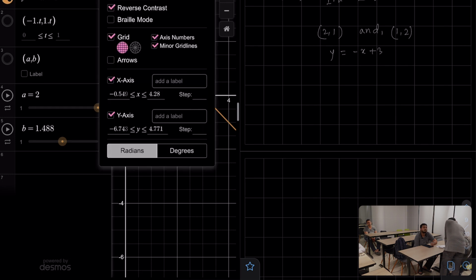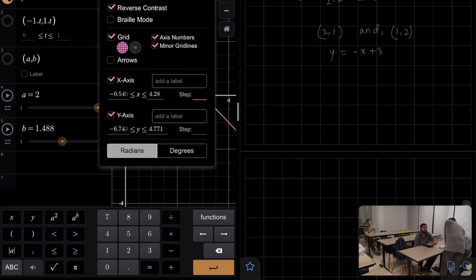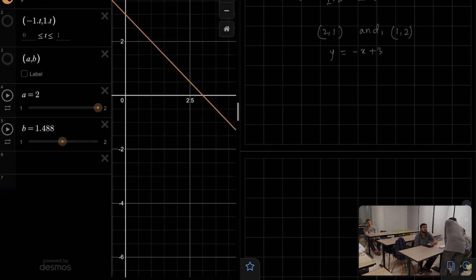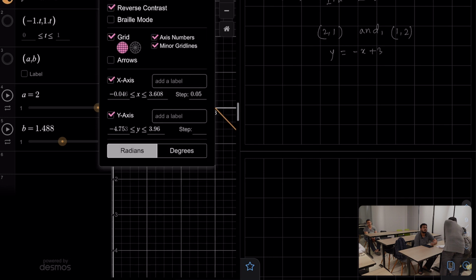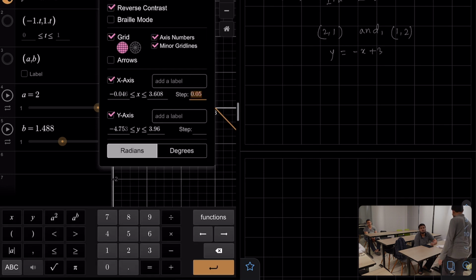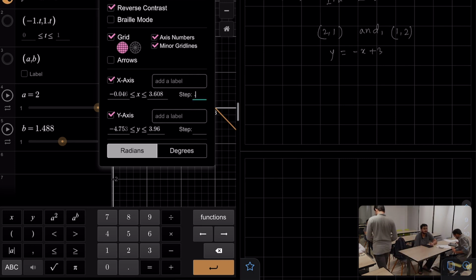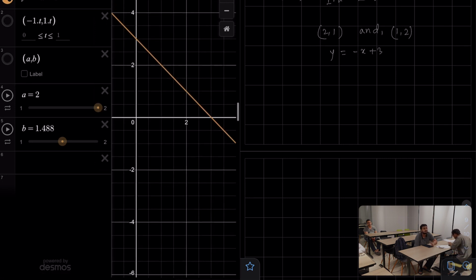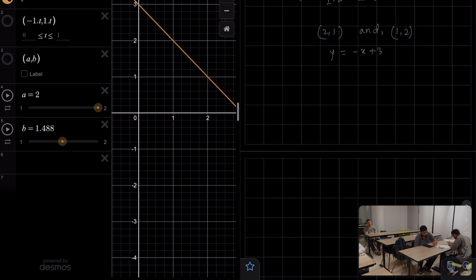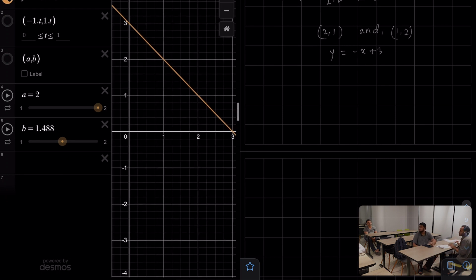In settings there is a step, here you can specify 0.5, so settings and step for the x axis and y axis. Manually zoom in after changing, reset first. Okay, zoom in, then change the step.